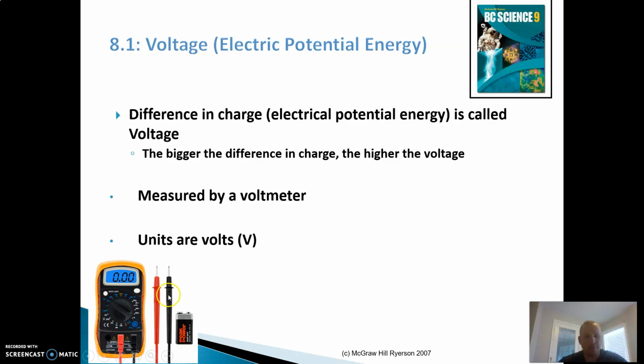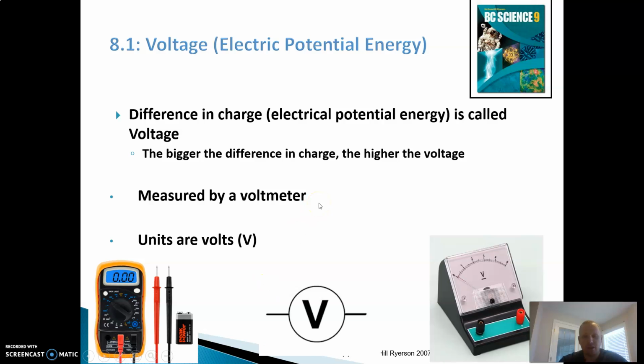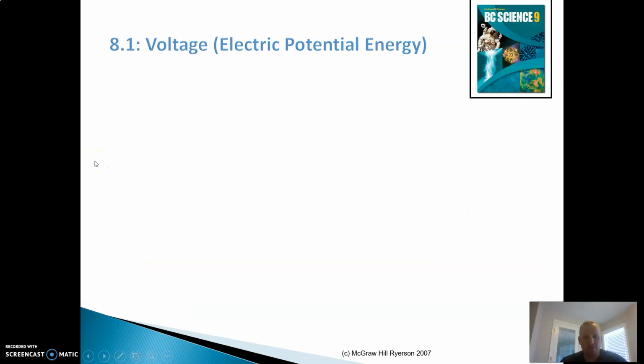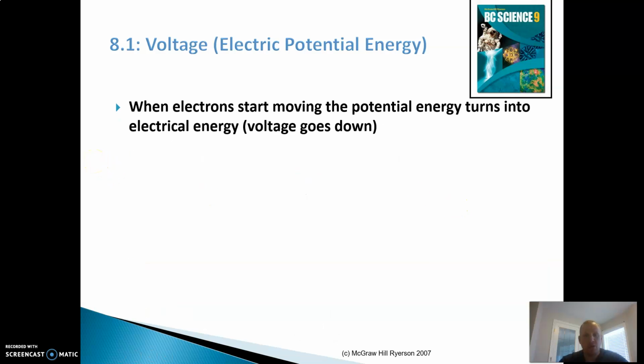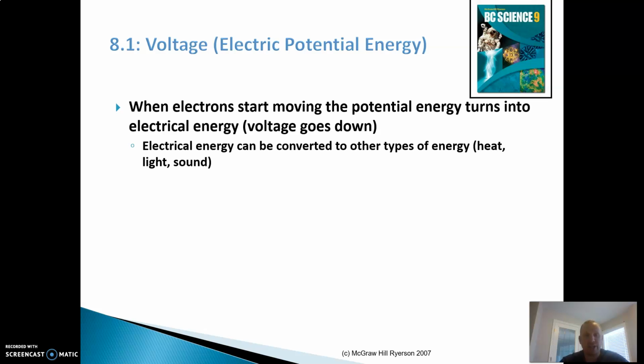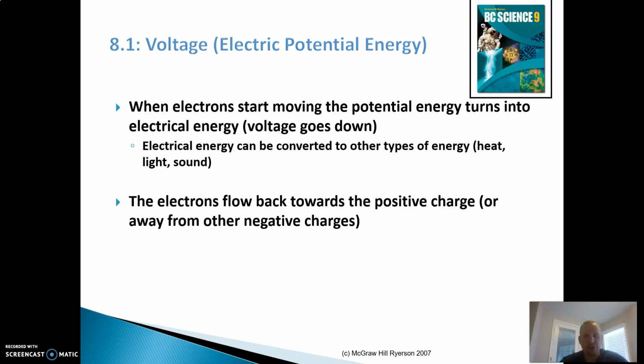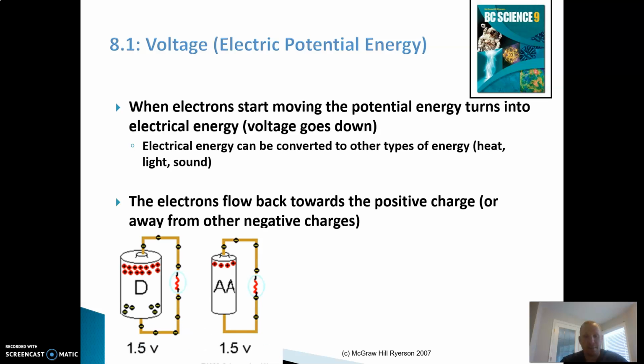Here's a nicer voltmeter, and here's one of the ones we would have used in school, just a simple voltmeter. So once the electrons start moving, like once the battery's plugged in, the potential energy turns into electrical energy and the voltage goes down. And then that energy gets turned into other types of energy.